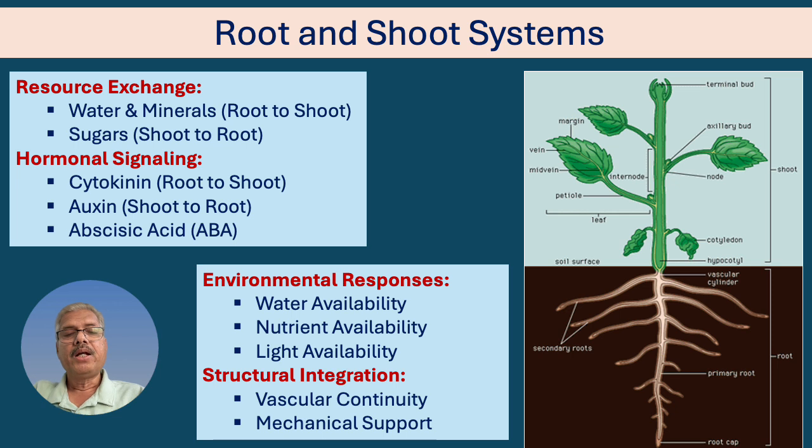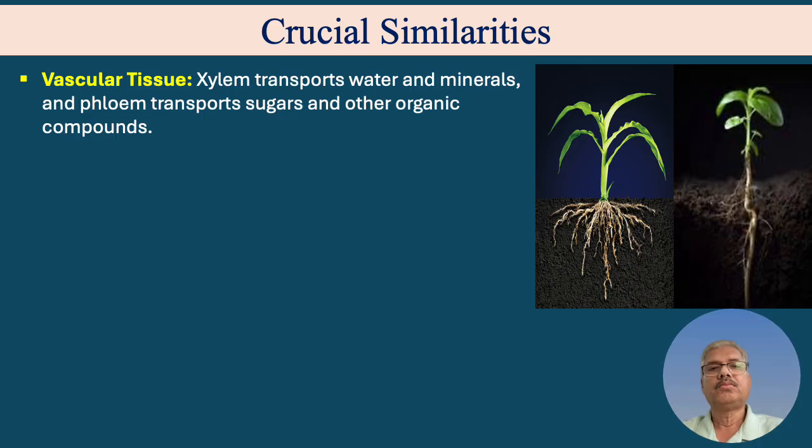The xylem and the phloem tissue form a continuous network throughout the plant, connecting the root and the shoot systems. This ensures the efficient transport of resources and signals between the two systems. The root system anchors the plant, providing a stable base for the shoot system. The shoot system, in turn, provides structural support for the leaves, flowers, and the fruits.